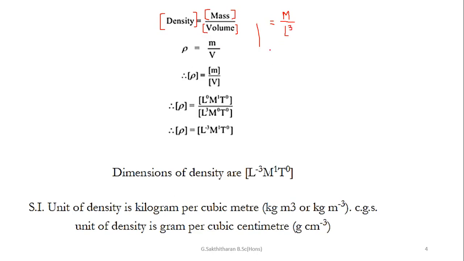So we can get the dimension of density as M L to the power minus 3. This one is positive, so in the upside, M into L minus 3. So the dimension of the density is M L minus 3. So you should write like this. M L minus 3. This is enough.